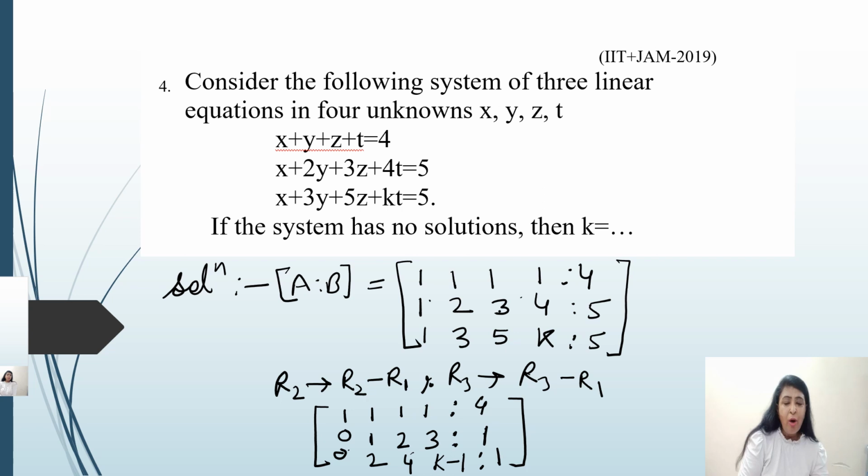Clear? Now I want to make this entry as 0. So what will I do? I will apply R3 minus 2 times R2. On applying R3 minus 2 R2, what will you get?